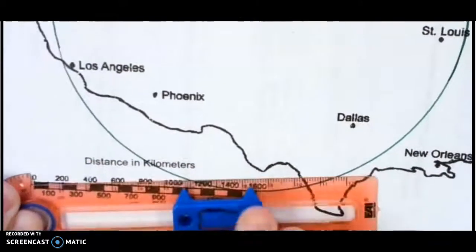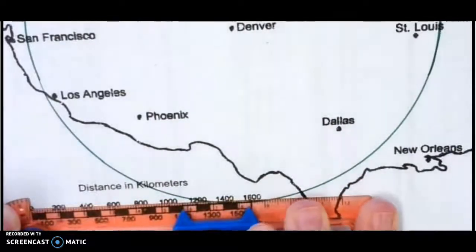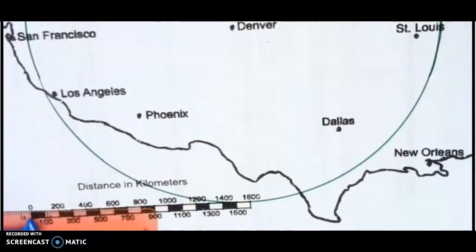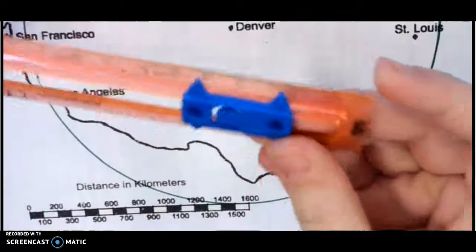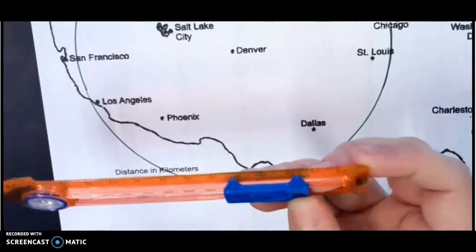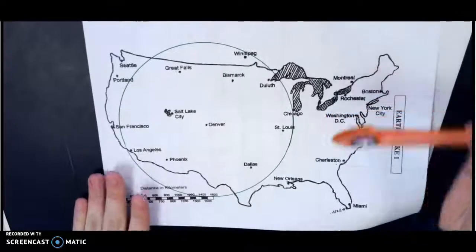So I lied, we're going to use the second one here. It's just not quite big enough. So that represents 1,600. We're going to slide it over. 1,700, 800, 900, 2,000. So now this represents 2,000. And this was for Dallas.